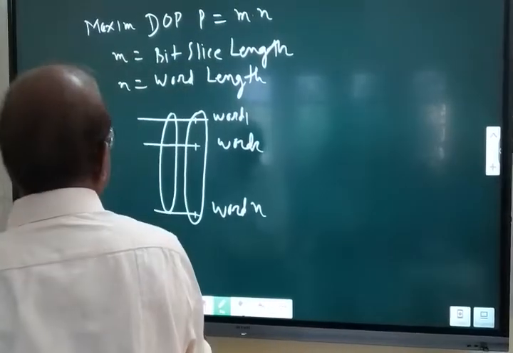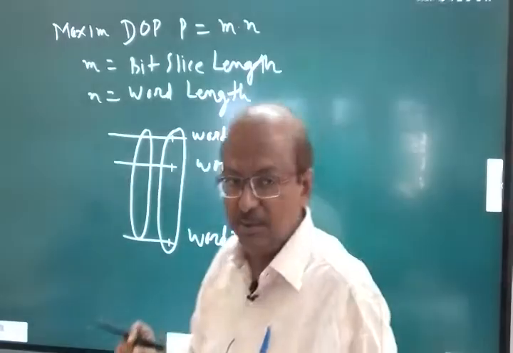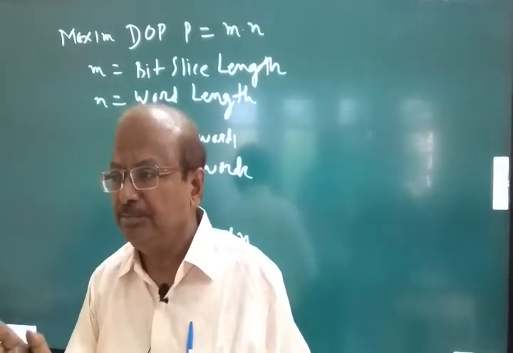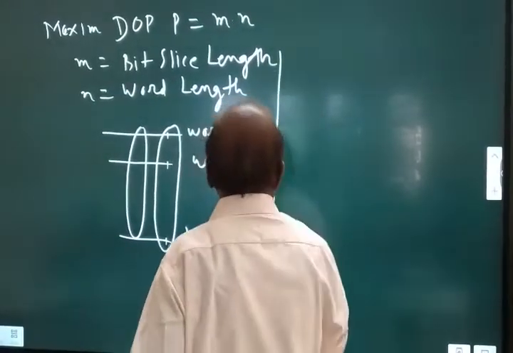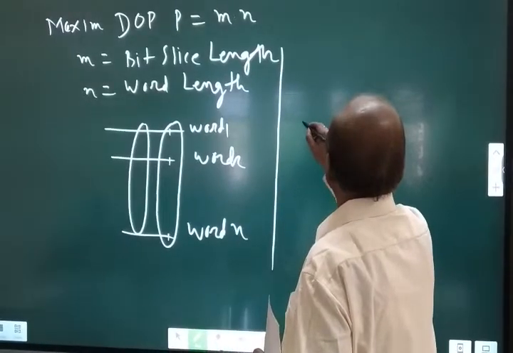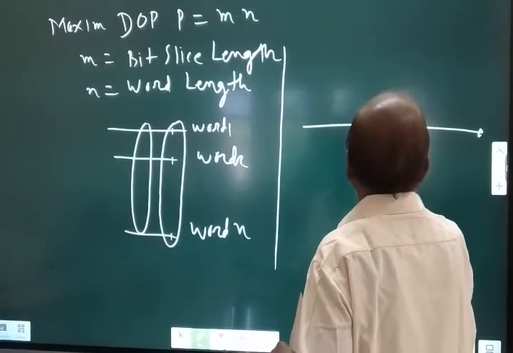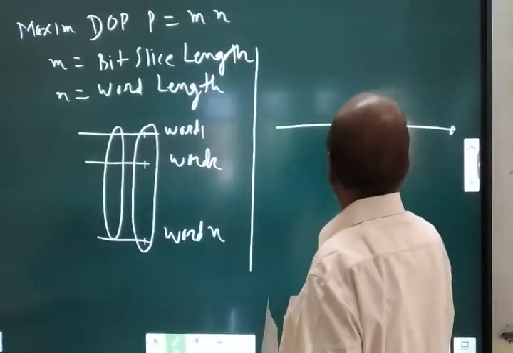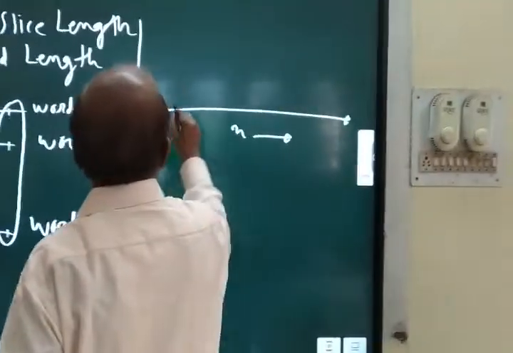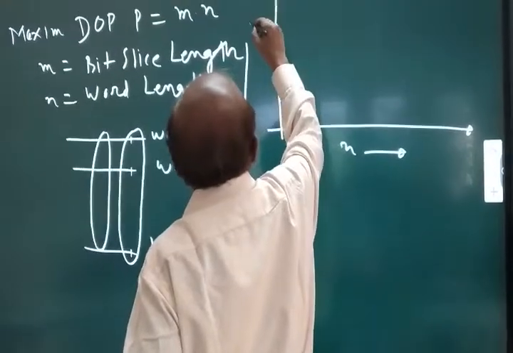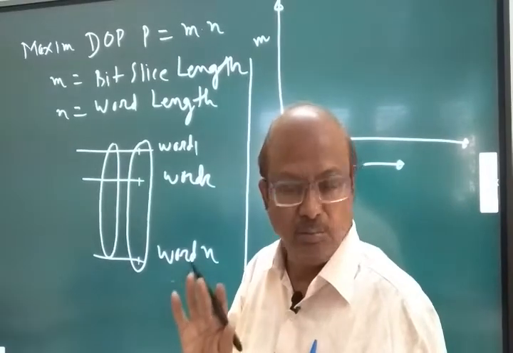So now suppose we plot M on y-axis. You can think M should be on x-axis. No. M is on y-axis, N is on x-axis. Suppose we plot like this. That means we plot N, word length, on x-axis, right? And M, that means bit slice length, on y-axis.